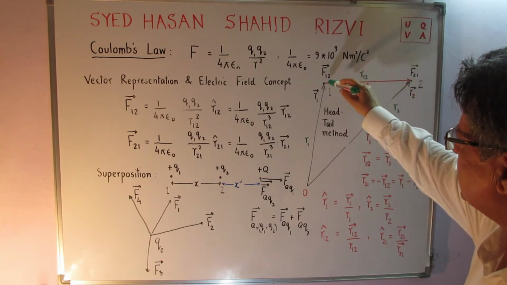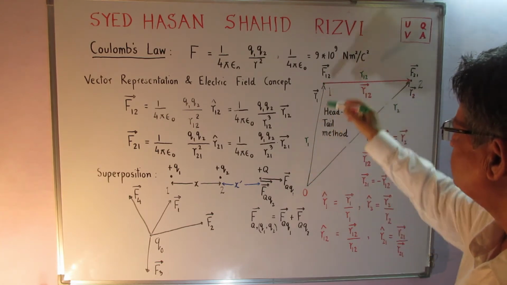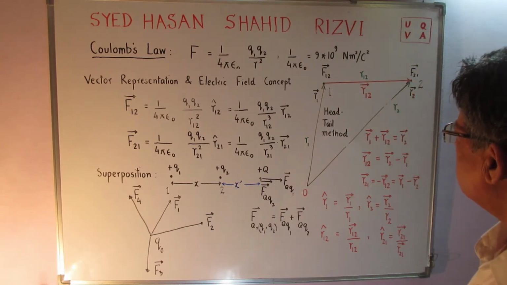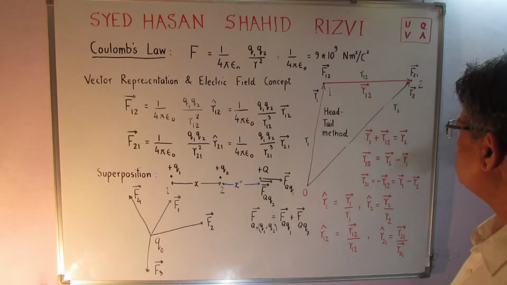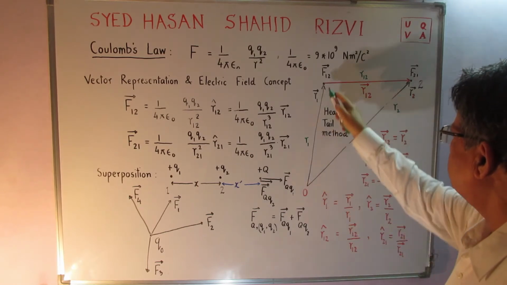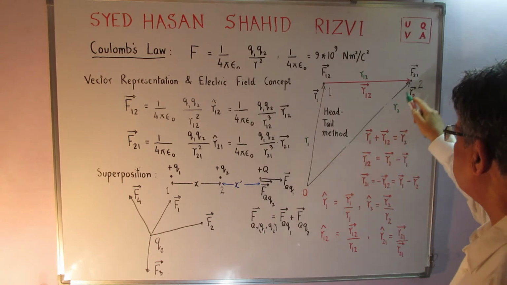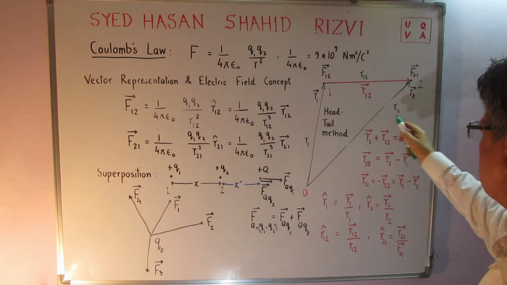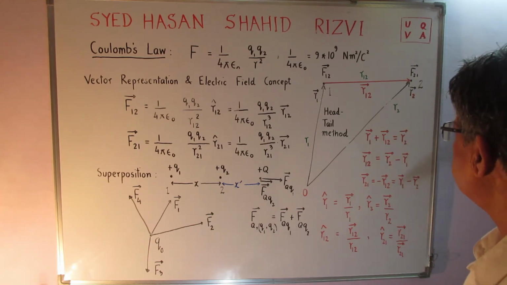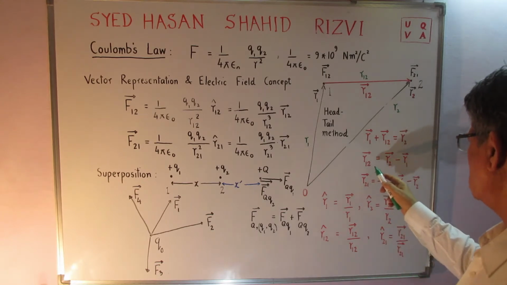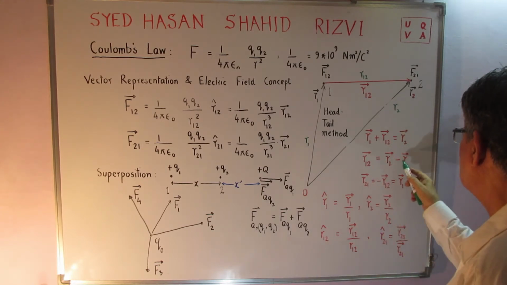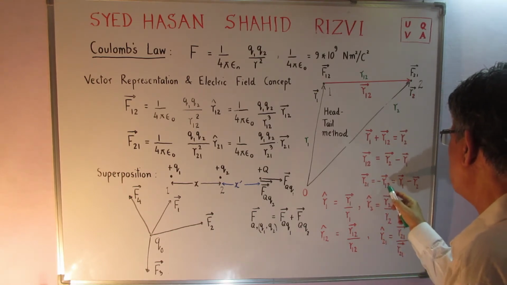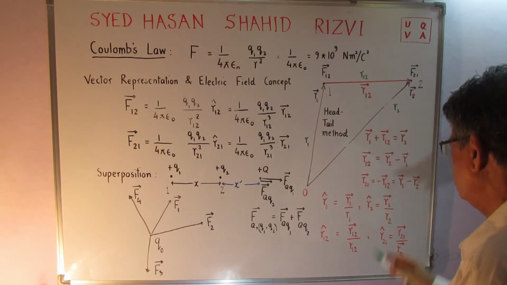This is the head and this is the tail, plus this vector, this is the tail and this is the head, and the sum of these two vectors will be the resultant vector which we have here, R2. In mathematical terms, R1 plus R12 becomes equal to R2, so that I can write vector R12 as R2 minus R1. And similarly, R21 is equal to minus R12, that is R1 minus R2. That's no problem.